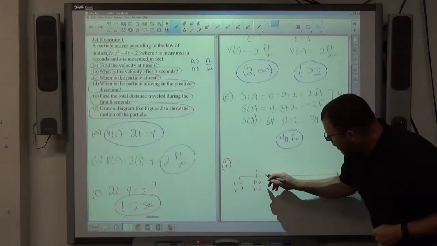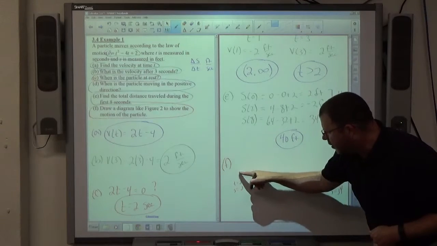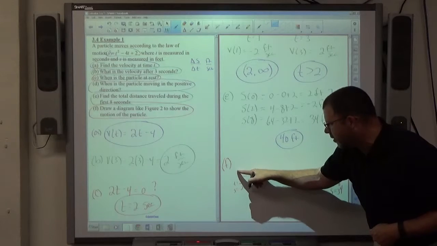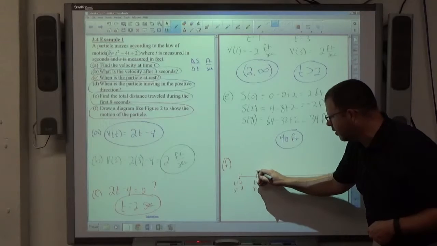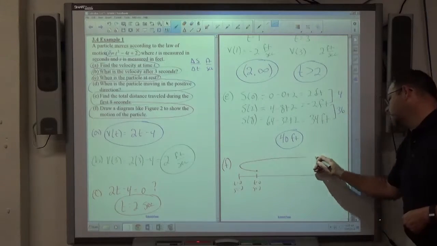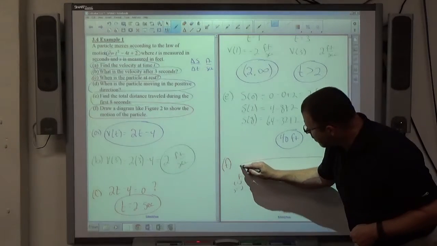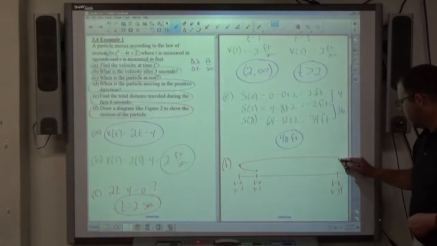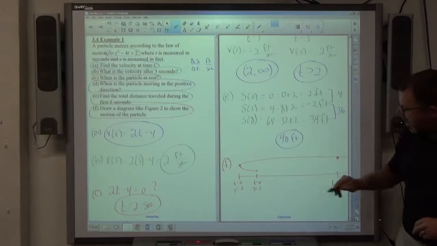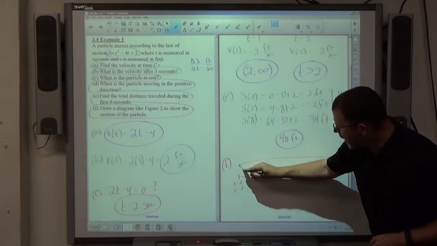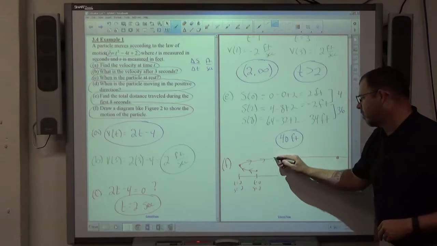The particle goes back to negative 2 first, and then it turns around and goes to positive 34, right? So the motion of the particle starts here, and then it kind of goes like that. It hits a point here, and we're going to put a point here just to demonstrate where it was at specific points. And then I'm going to put arrows on this line demonstrating the motion of this particle.